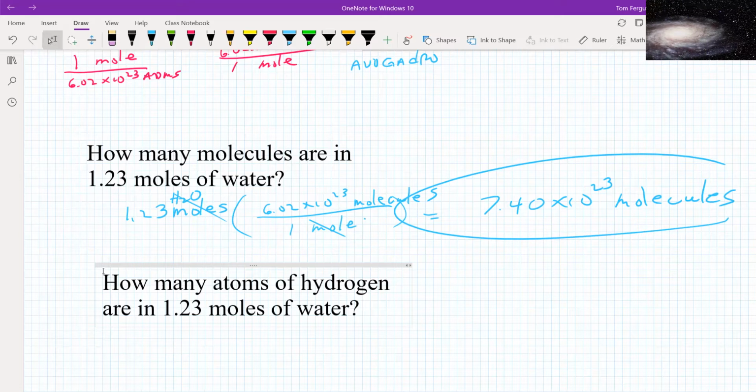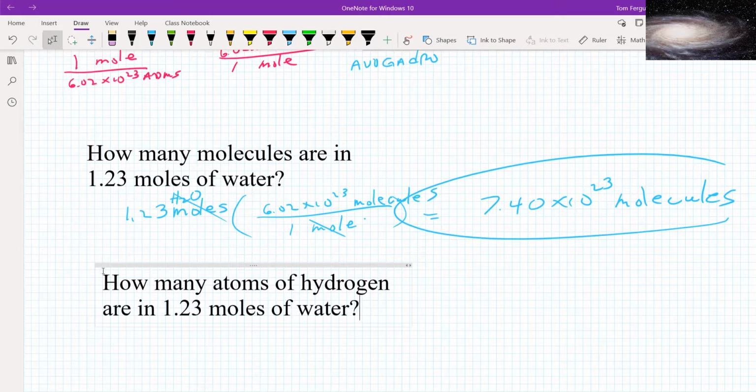Remember, a molecule is H2O. Hydrogen is an atom, and oxygen is an atom. Okay, so we start with 1.23 moles of water.